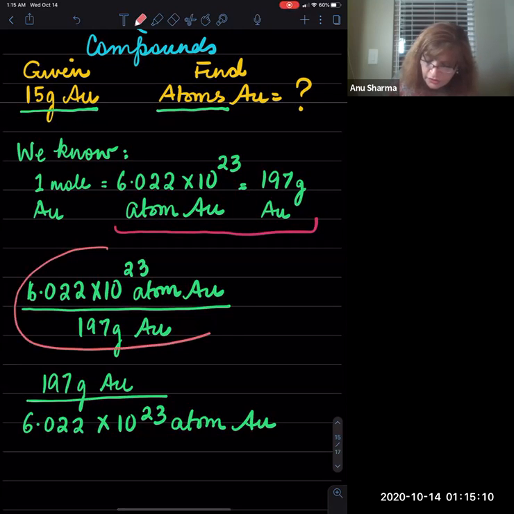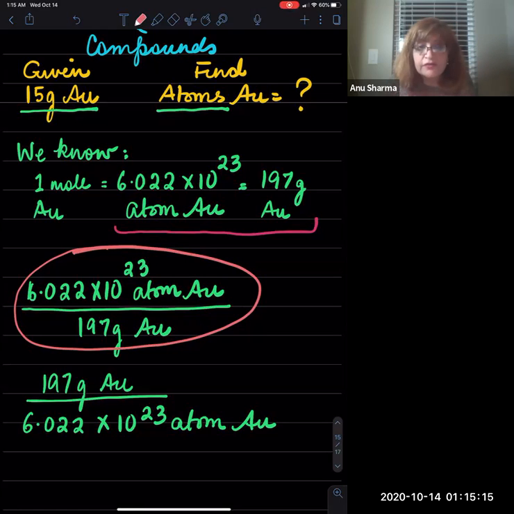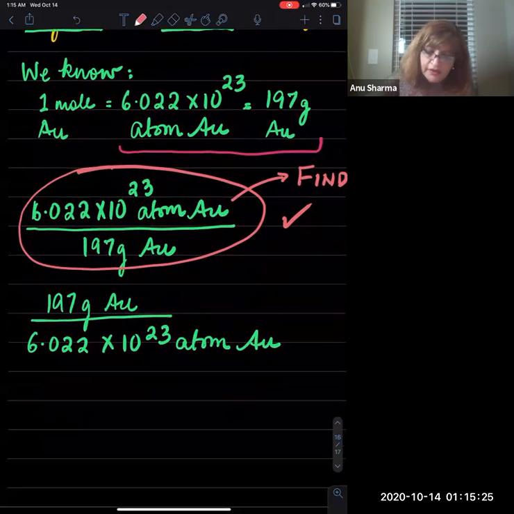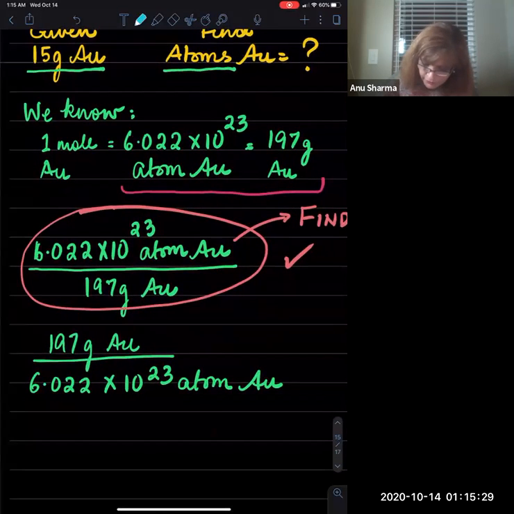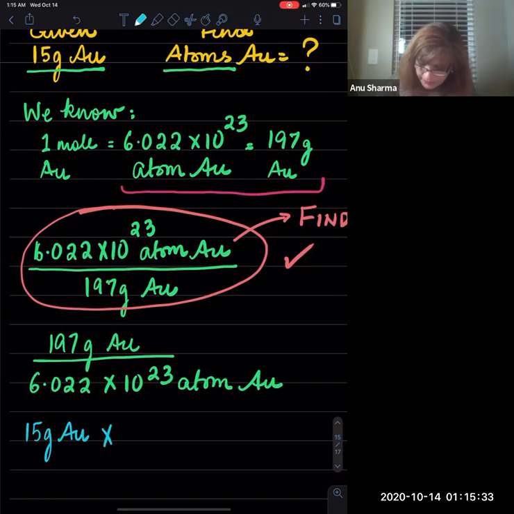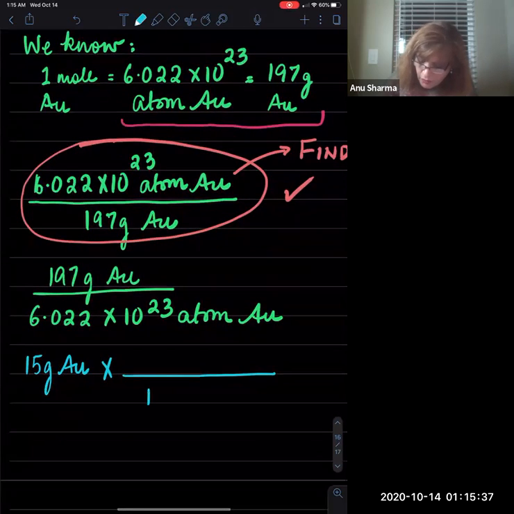Atoms in gold is on the top. We are given the grams, and we want to get rid of the grams, only then can we find it. So you are going to be using this conversion factor. Next, what we put here is 15 grams of gold times 6.022 × 10^23 atoms of gold over 197 grams of gold.